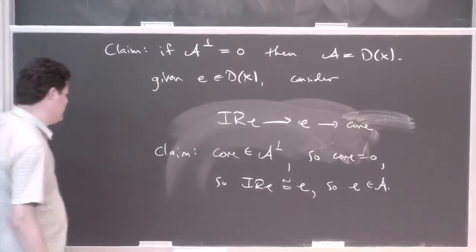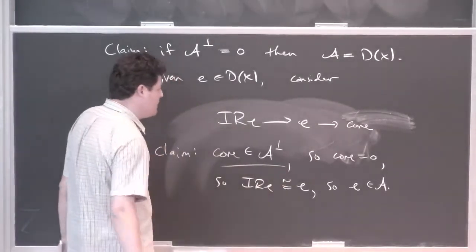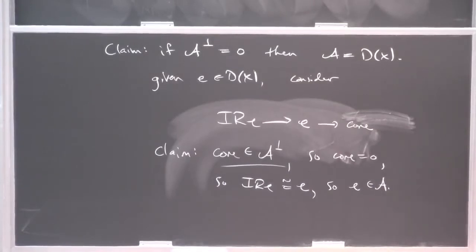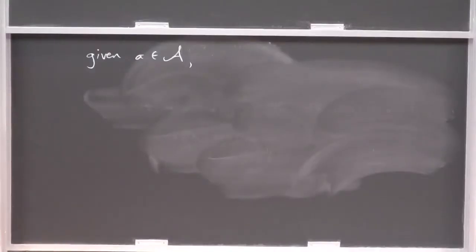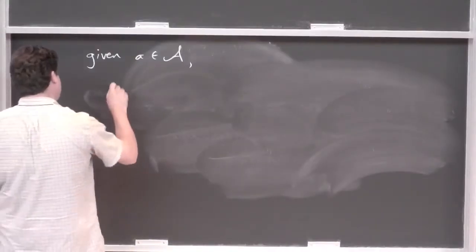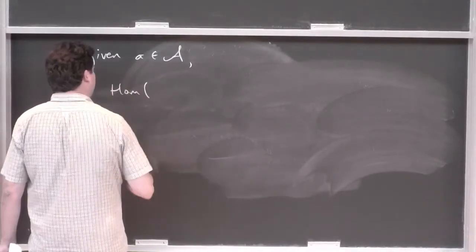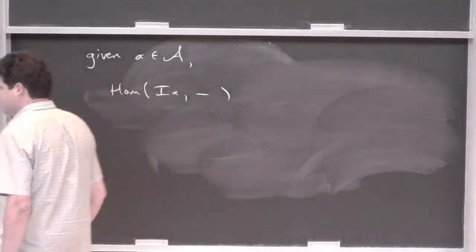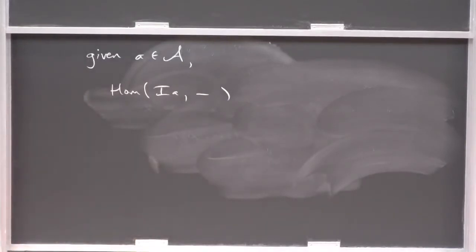Right, so to show that the cone is in A perp, I should take, given some A in A, Hom from IA and apply it to this triangle.